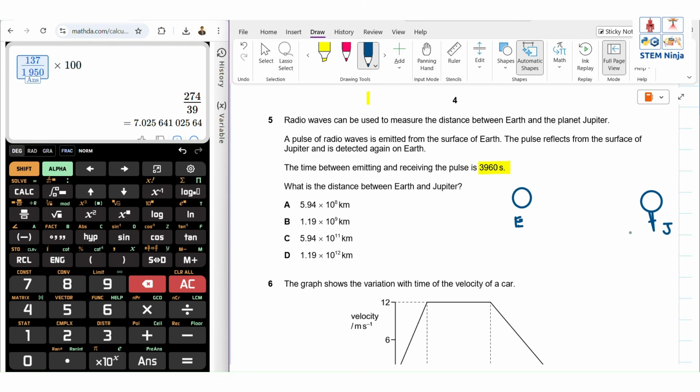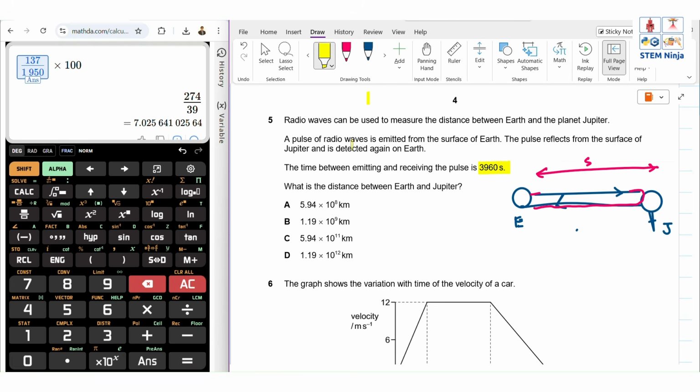There is a pulse going in this direction and a pulse coming back in this direction. So the 3960 is going forward and backwards. If we just want the one-sided distance, we will have to divide this time by 2.